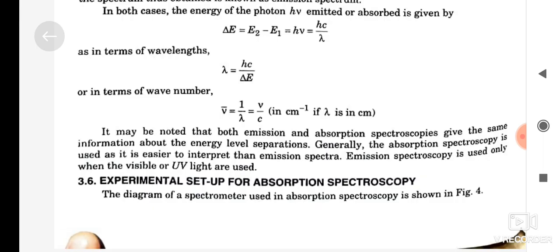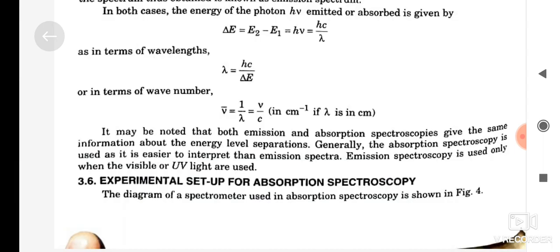It may be noted that both emission and absorption spectroscopy give the same information about the energy level separation. Generally, absorption spectroscopy is used as it is easier to interpret than emission spectra. Emission spectroscopy is used only when visible or UV light is used.